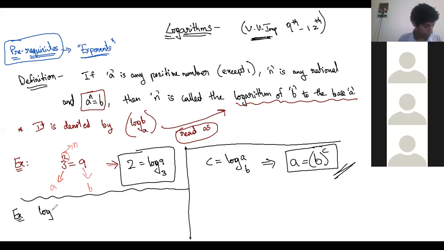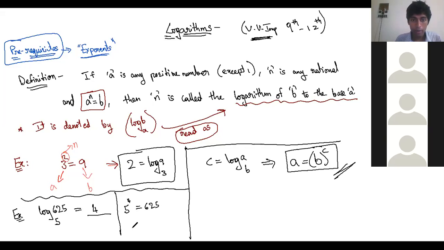Log 625 to the base 5. Can you try to tell what is this value? Answer is 4. Good. So what is the understanding? 5 power 4 is equal to 625. I hope everyone knows that 5 power 4 is 625.